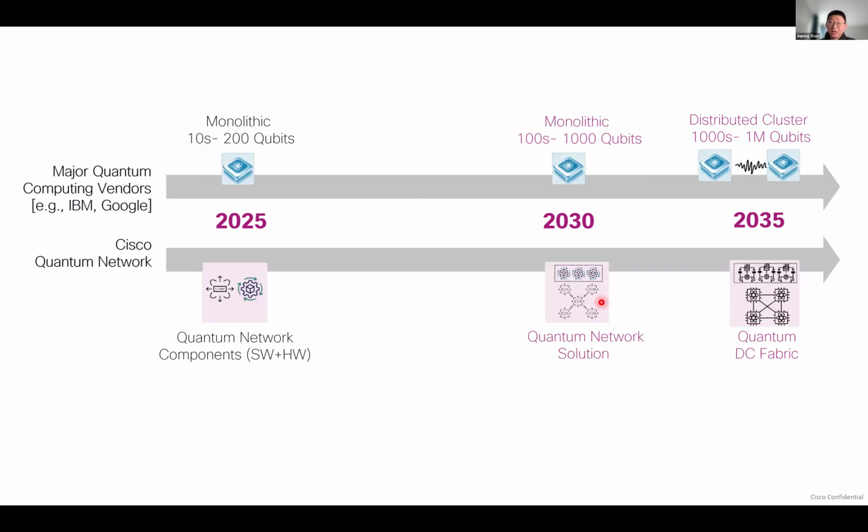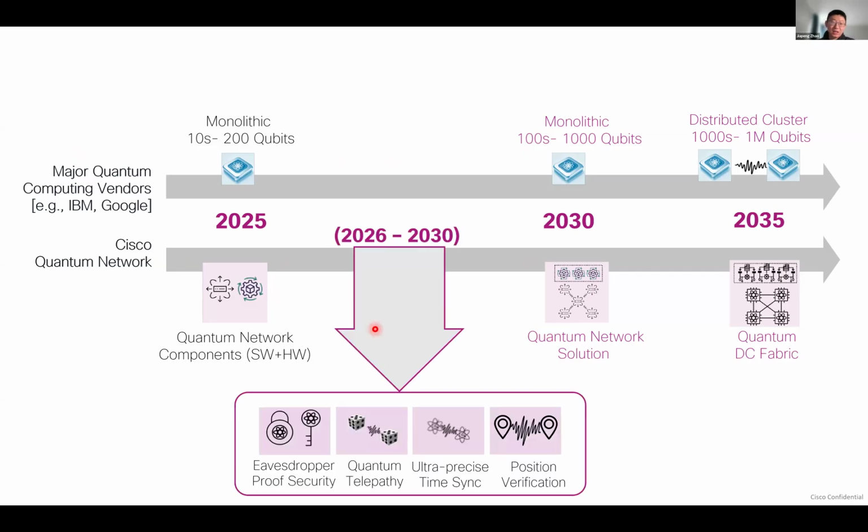So this is a timeline that we are advertising to the public. The first timeline is borrowed from the major computing vendors, including IBM and Google. And according to their timeline, we are putting our timeline downstairs. Right now, we have just started our development on quantum networks, including both hardware and software.